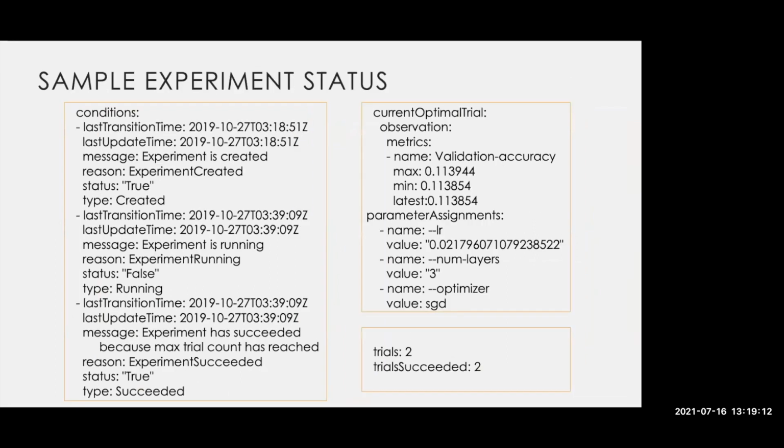So once trials are getting completed, the experiment status basically shows the overall status of the experiment and shows the best trial based on the objective which you have set. So here I'm saying that the best optimal trial has this validation accuracy, with the parameter assignment as the following values.